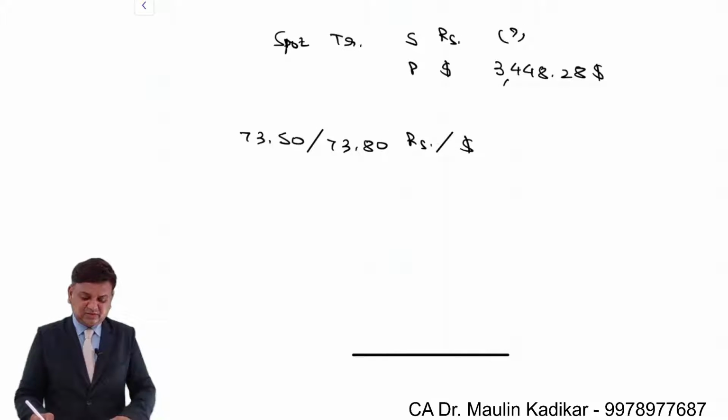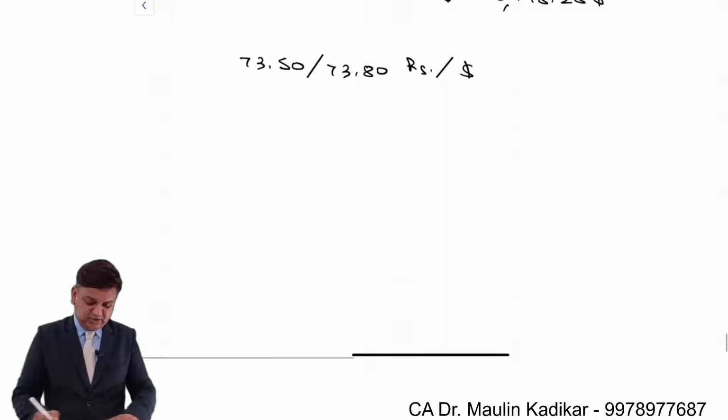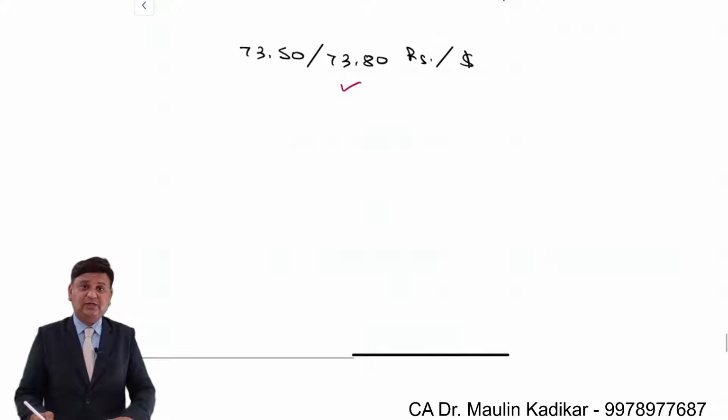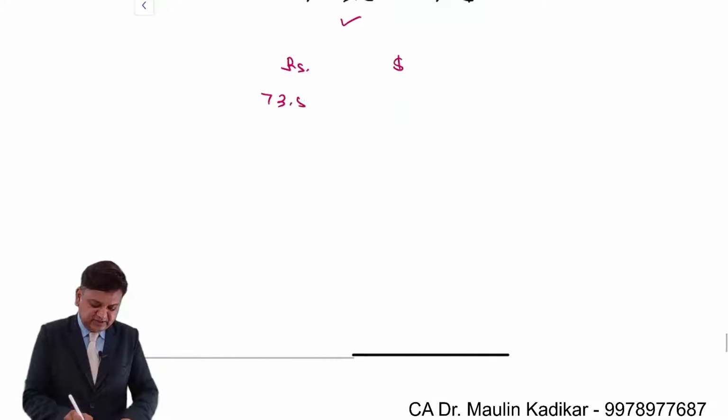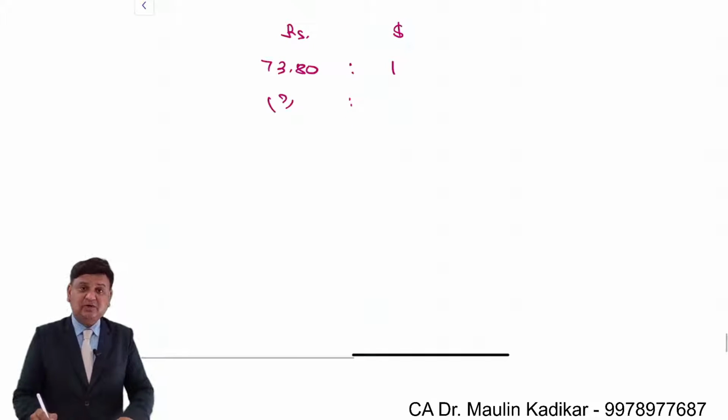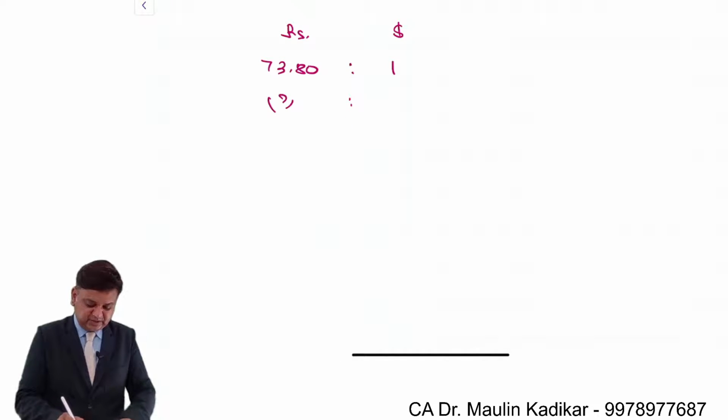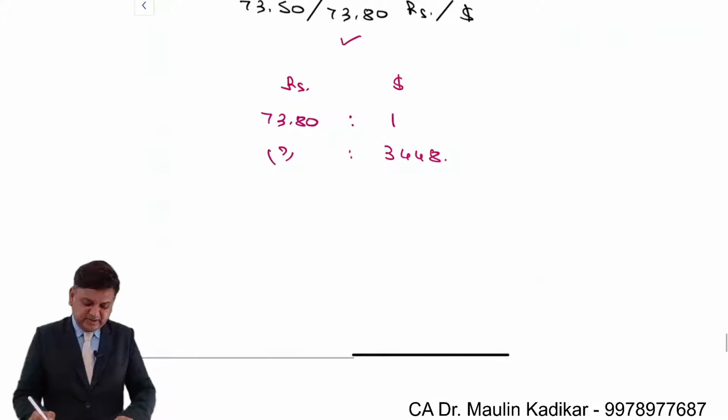The transaction is conversion of rupees into dollar, so a higher amount of rupees is required to be sold for purchasing a dollar. So 73.80 rupees is equal to $1. This is the amount of rupees to be sold for purchasing 3448.28 US dollar.